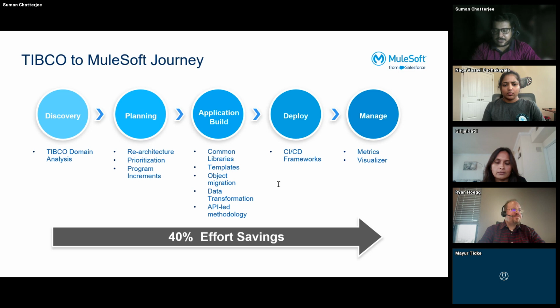MuleSoft Anypoint Exchange, as I said, is a huge repository which gives you a lot of reusable assets to use. Apart from that, you also need to come up with a certain set of templates that can be a part of your MuleSoft repository as well, right?